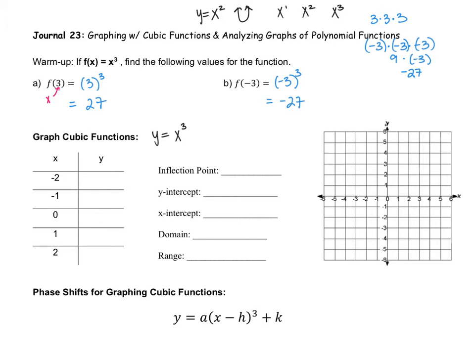And to figure out what the picture looks like, we always start with a basic table. And I've picked out some x values to plug in, and we're going to find the y values. So just like before, we're taking our x value, plugging in for x, and then finding what our output is, the y value.